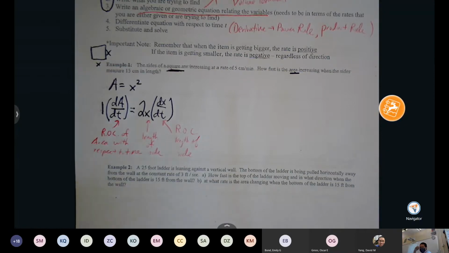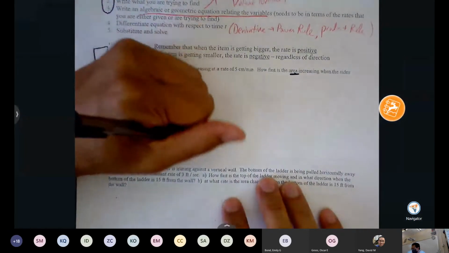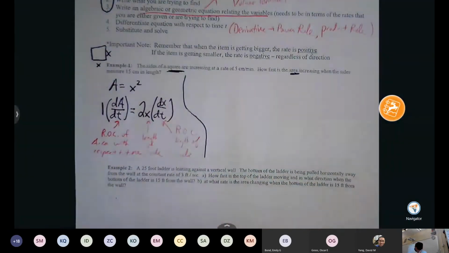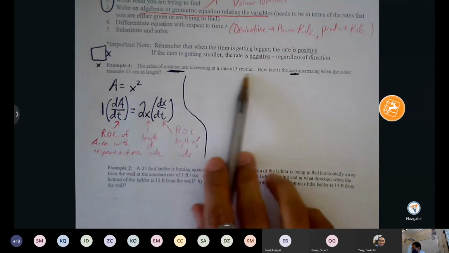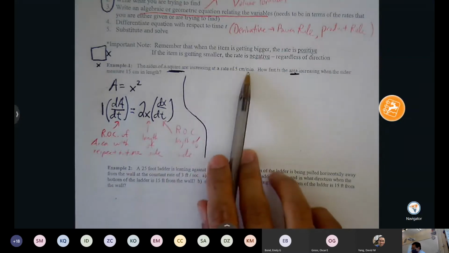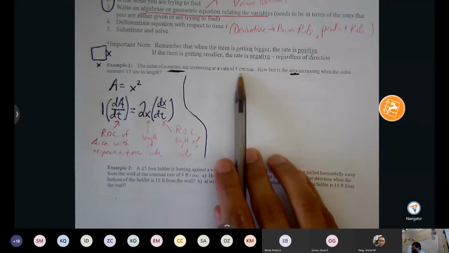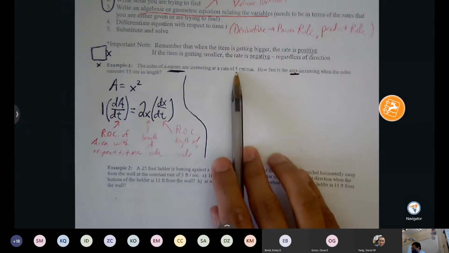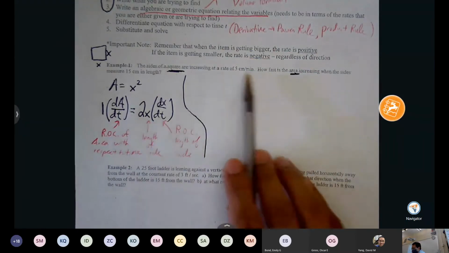So let's go back and reread the problem and see if we can assign these values to variables. Okay, so the sides of a square are increasing at a rate of 5 centimeters per minute. So what do you think this 5 is going to be assigned to? Is it dA dt? Is it x? Or is it dx dt?